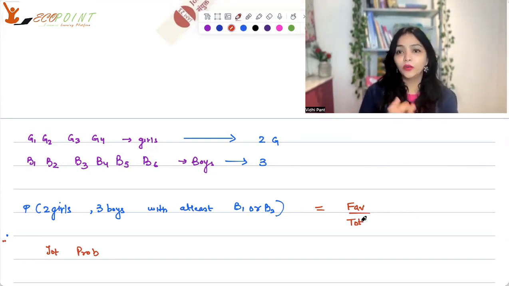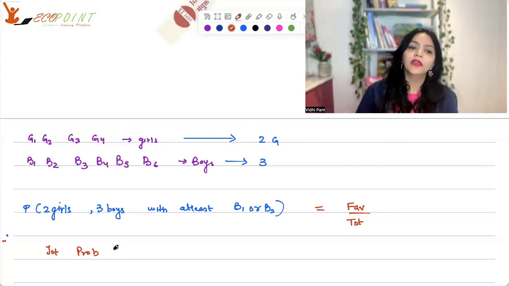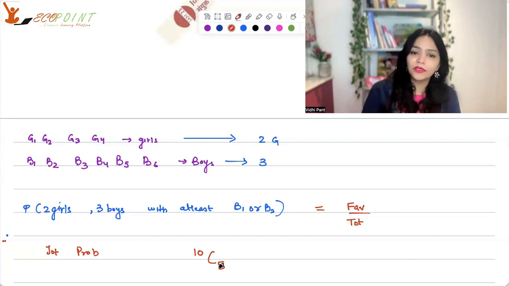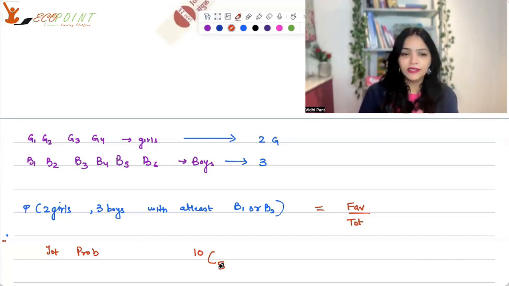That gives you a fair idea of what we are doing, and then what specific thing out of it we have to take out in order to get our favorable cases. In total, we are selecting out of 10 people, 6 boys and 4 girls, any 5. We are creating a team of 5, right?